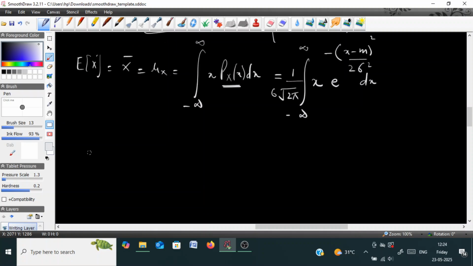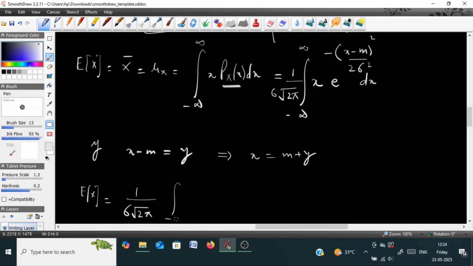Okay, so by making some change in the variables, if I replace x minus m with a variable, suppose y, then definitely your x becomes m plus y, and this integral which is E of x will become 1 by sigma under root 2 pi integral from minus infinity to plus infinity.